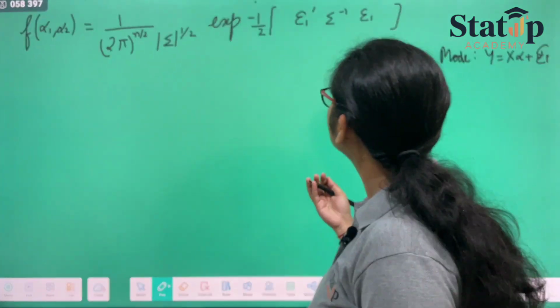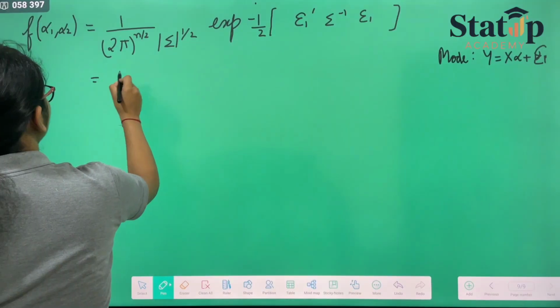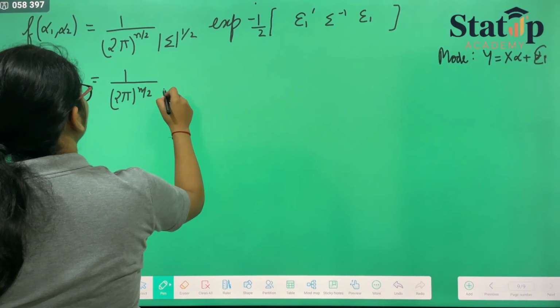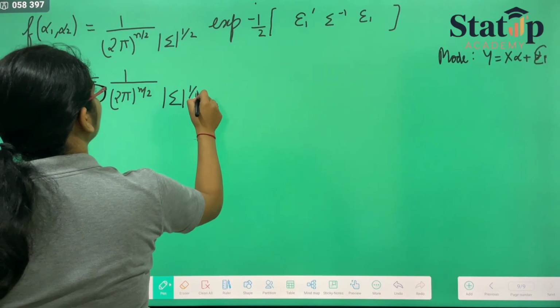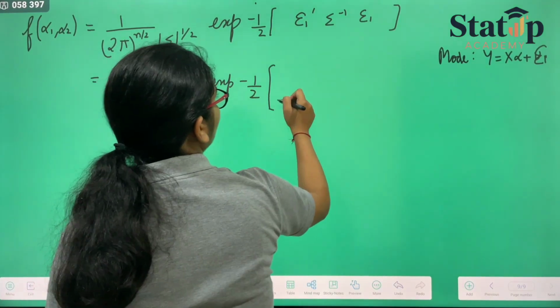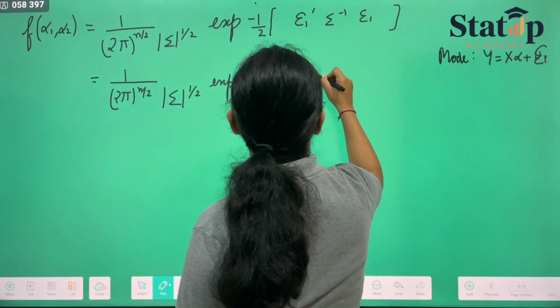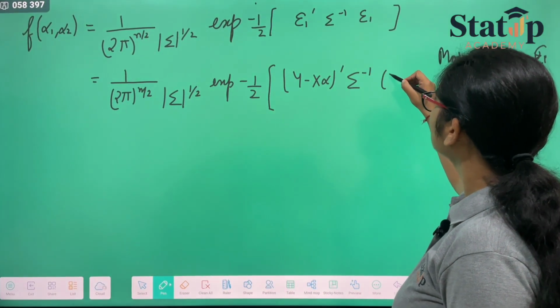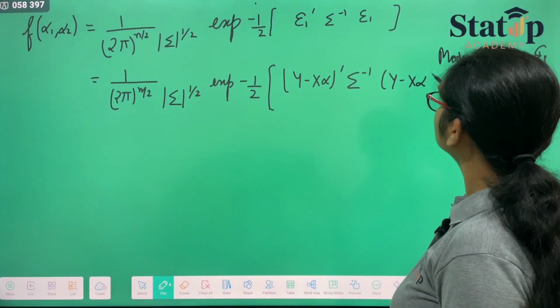So what is the value of epsilon 1? It is nothing but y minus x alpha dash sigma inverse y minus x alpha.